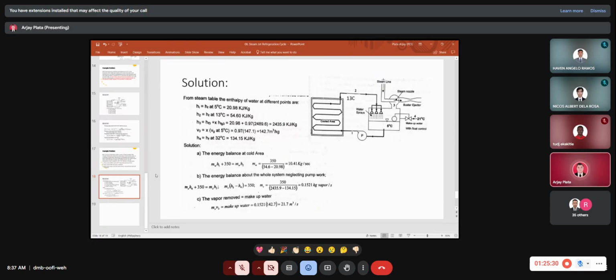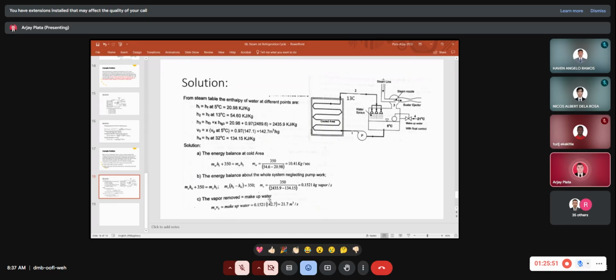So, nakuha na natin yung amount of vapor removed, which is 0.1521 kilogram per second. So, yun yung amount ng makeup water.